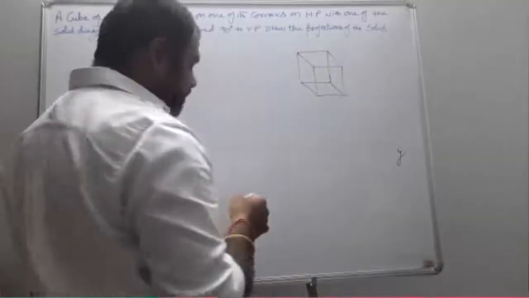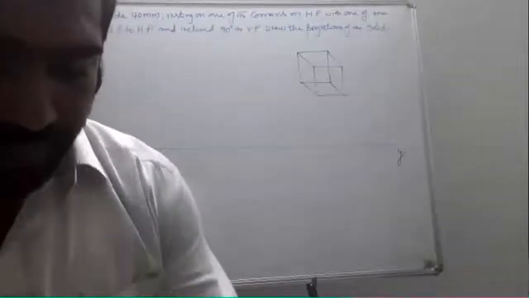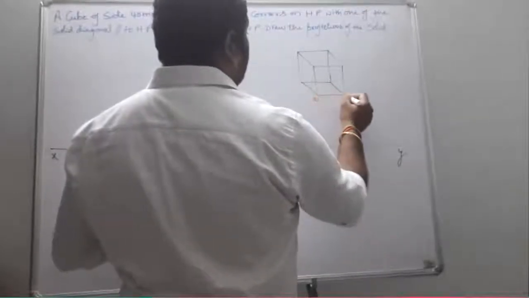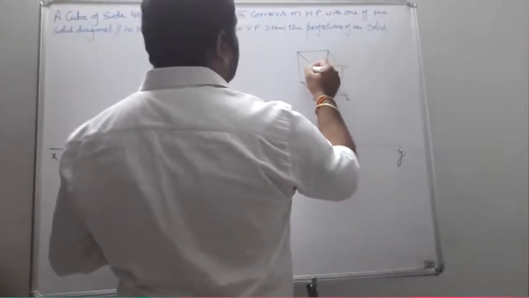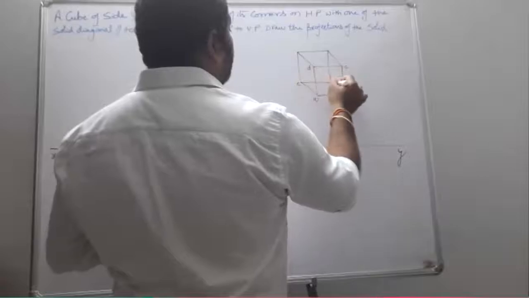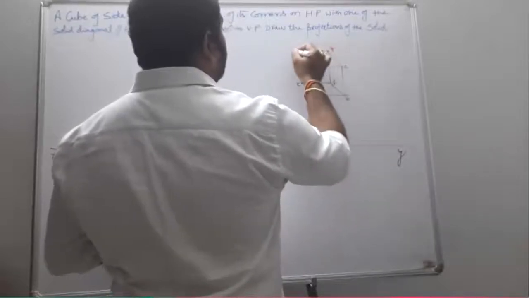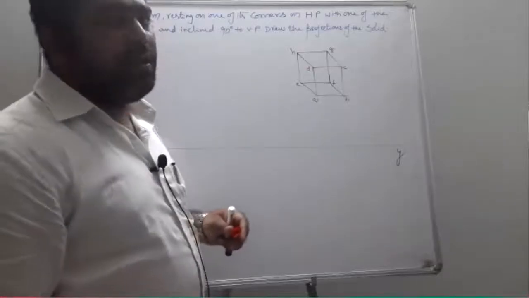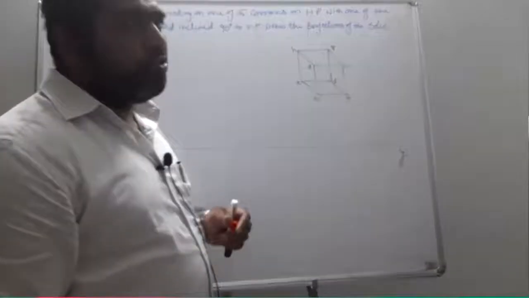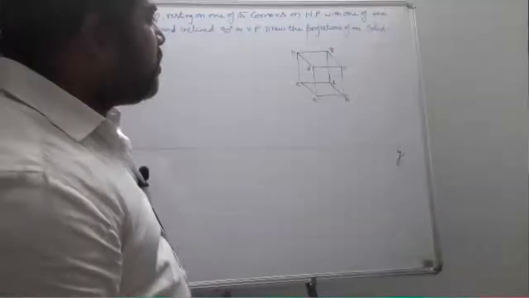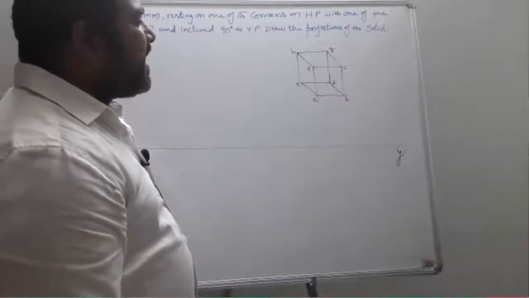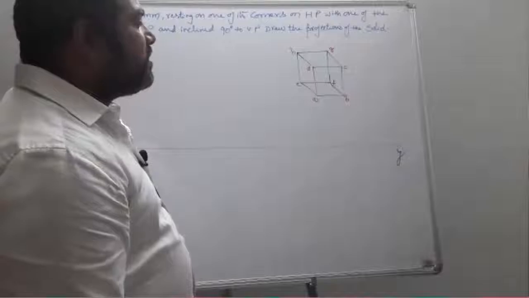If I just draw the cube and mention A, B, C, D, E, F, G, H as the corners of the cube, now tell me what are the solid diagonals?